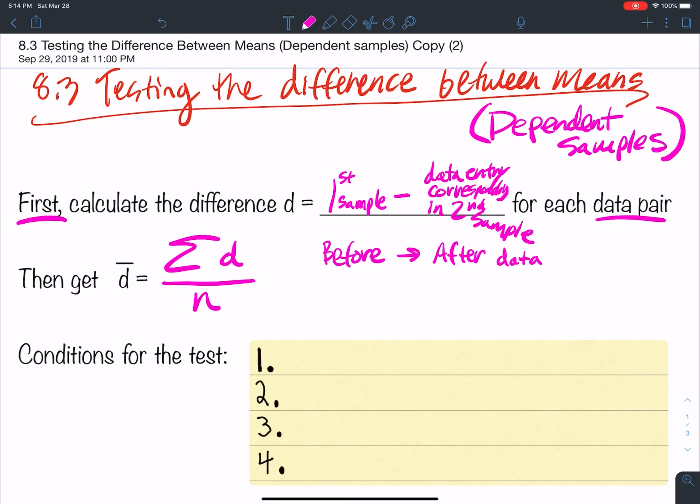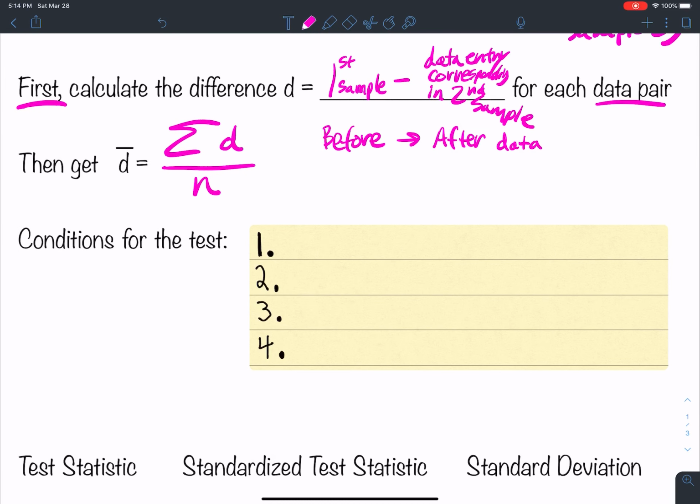All right, so there are 4 things we've got to satisfy. For one, we've got to have a random sample. Number 2, it's got to be a dependent sample.